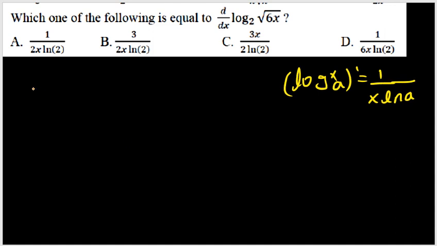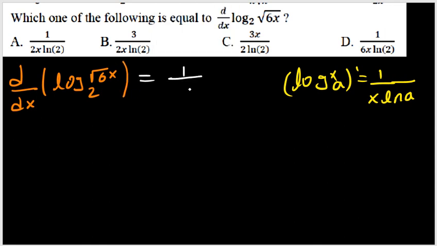So in our case, d by dx of logarithm of square root of 6x to the base 2 is equal to 1 over square root of 6x times ln 2. This is just the logarithm derivative.